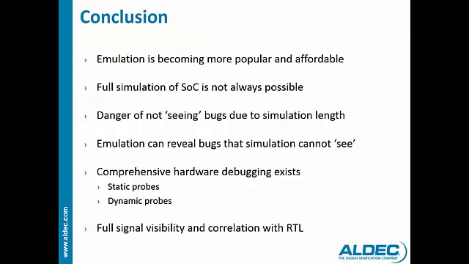To conclude, we've talked about how emulation is becoming more popular and affordable in the design verification process, and how emulation can increase the visibility of bugs in the development of an SoC that simulation couldn't find, in the time to go to market. Additionally, we've seen that comprehensive methods exist to debug hardware, and most importantly give full signal visibility and correlation with your RTL design.